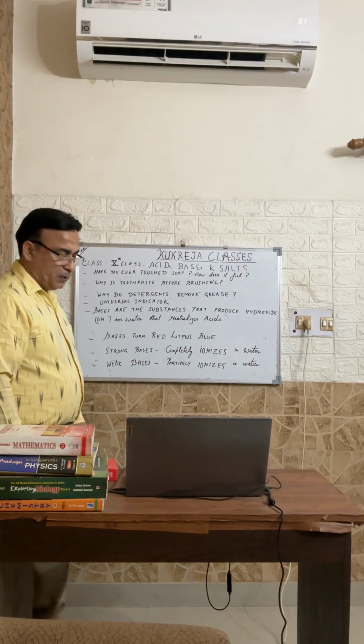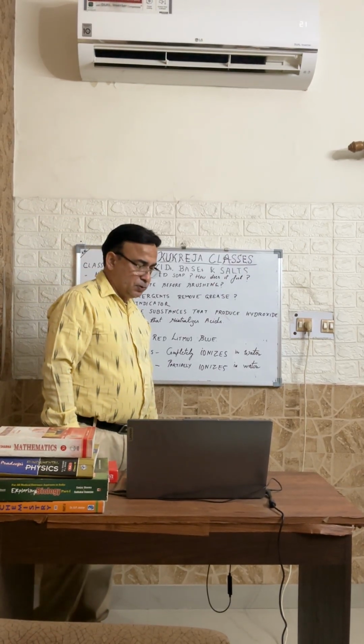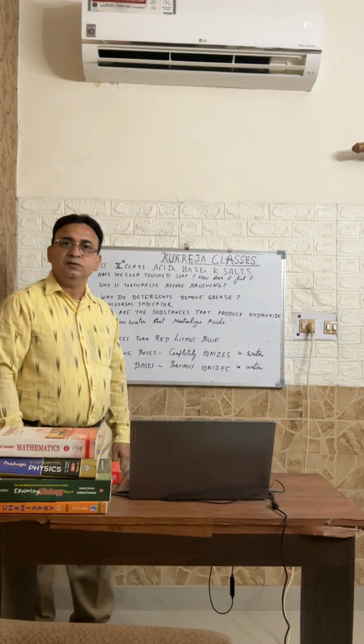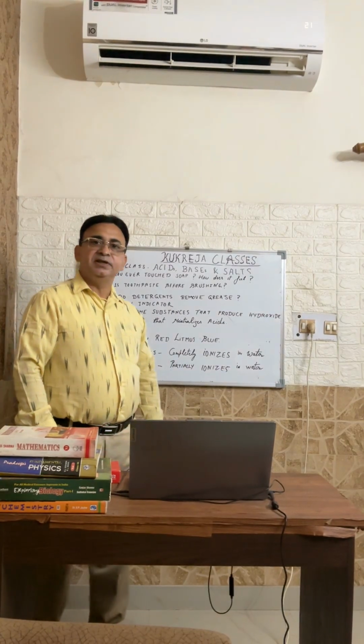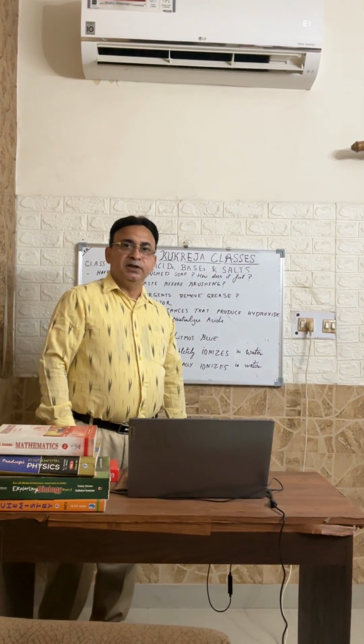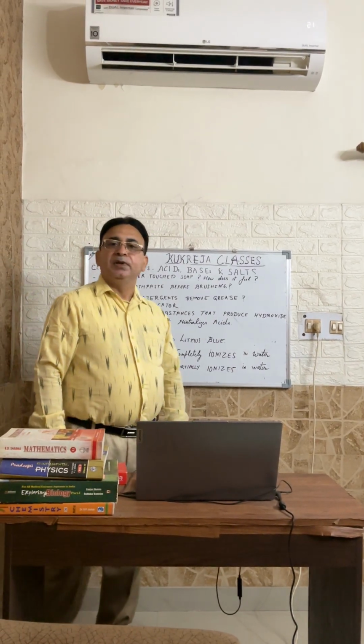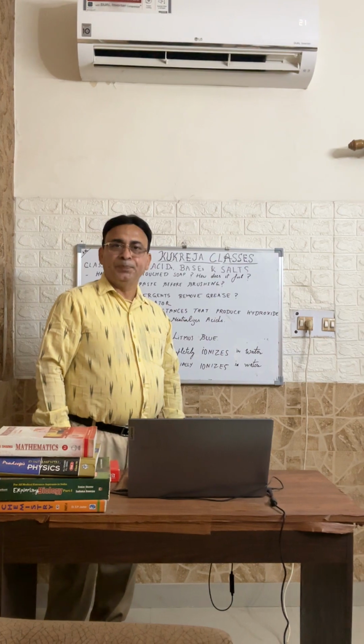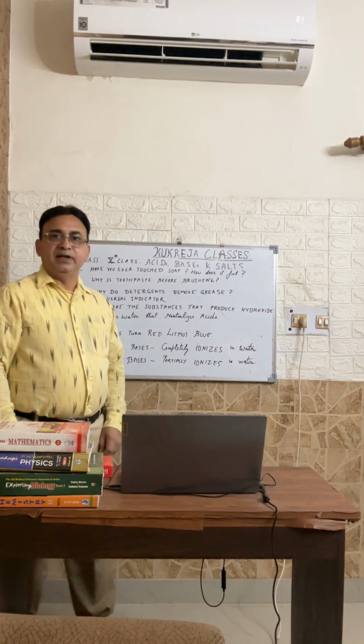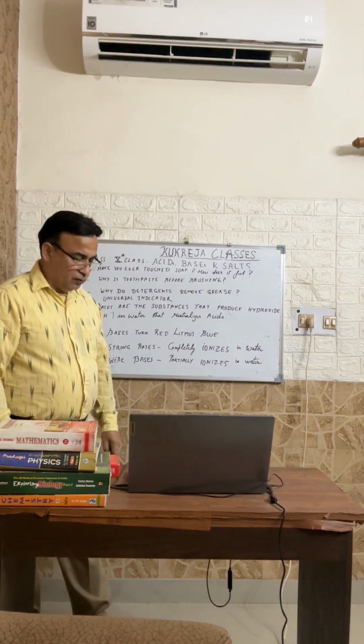Now we come to the properties of the bases. We know that bases are bitter in taste and soapy in touch. They turn red litmus blue. They conduct electricity. They react with acid to form salt and water.